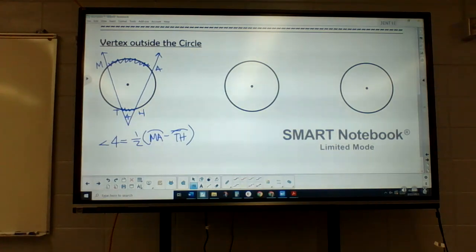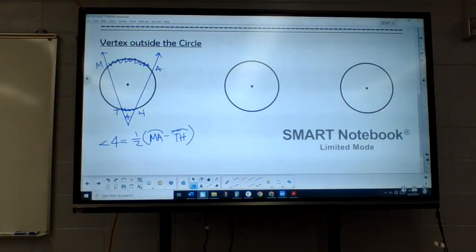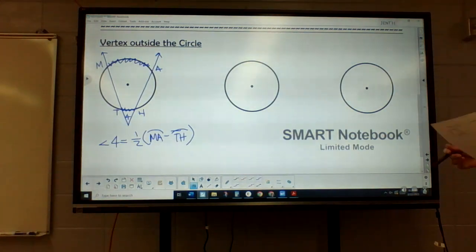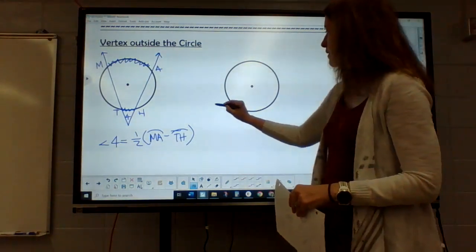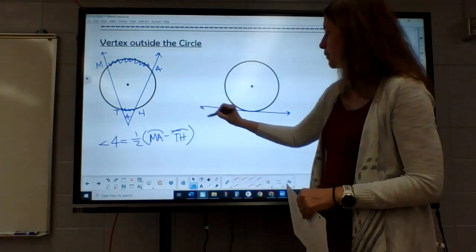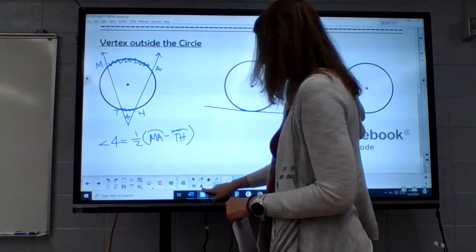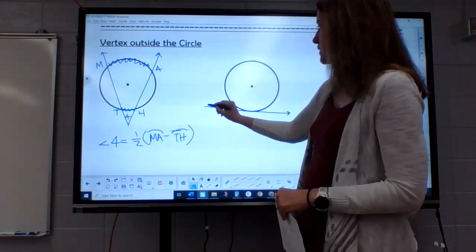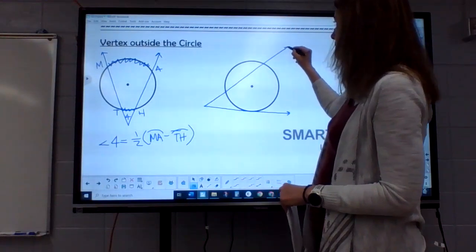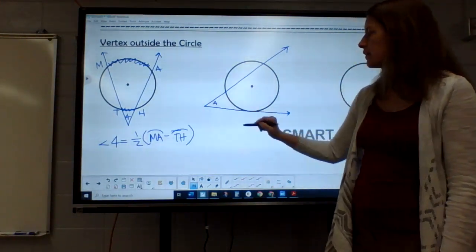And the other two drawings, I just wanted to show you guys another couple of versions of the way this could look. So another one is it could be a tangent line with a secant line. So again, here would be our angle 4.